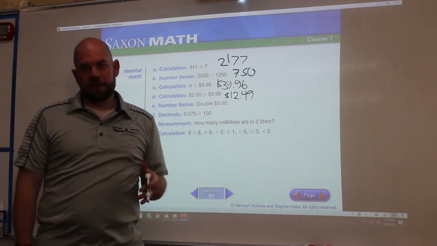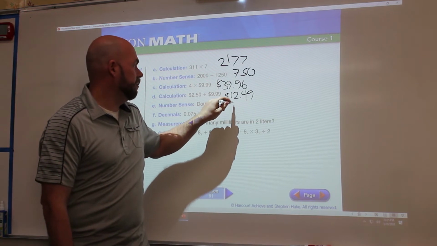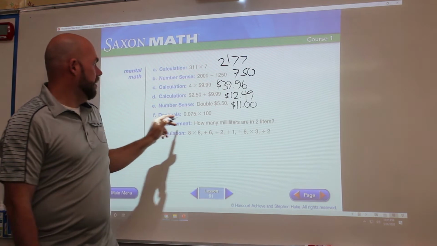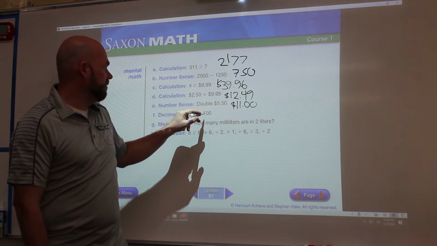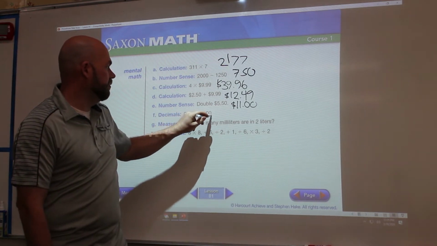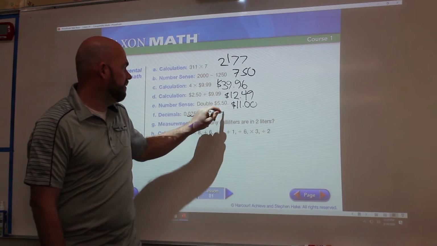Double 550, doubling 5 is 10, 50 cents doubled is $1, so we've just got $10 plus $1, that's $11. Then on decimals, if we multiply by 100, remember we can just move the decimal over by the 2 zeros. So if we move over 1, 2, that puts us at 7.5.